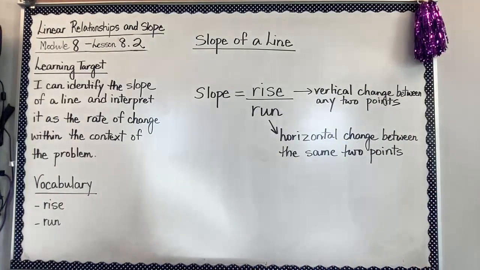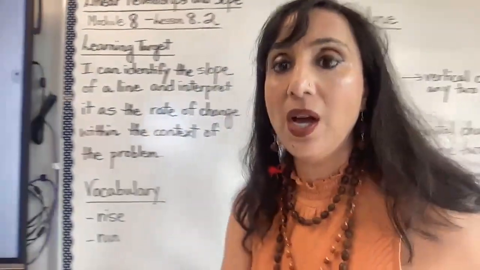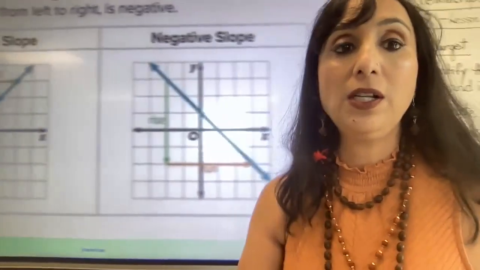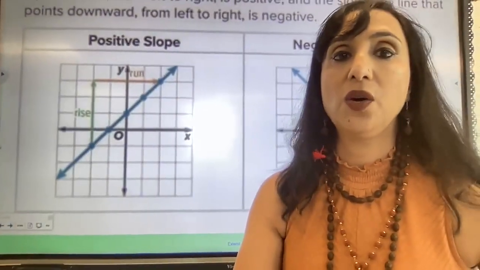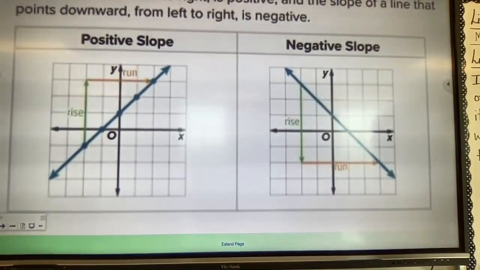Okay, so slope, as we talk, can be positive or negative, and I just want to show you an example on my board. So look. A slope can be positive or negative.